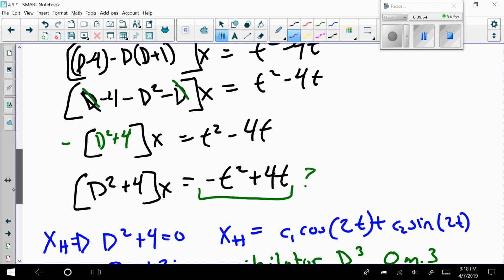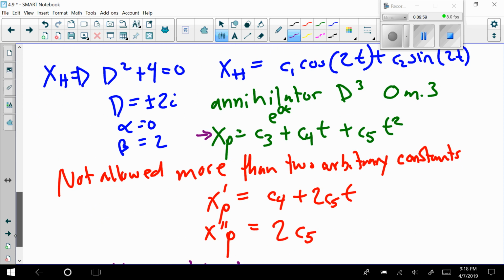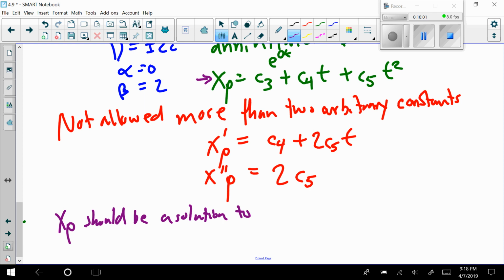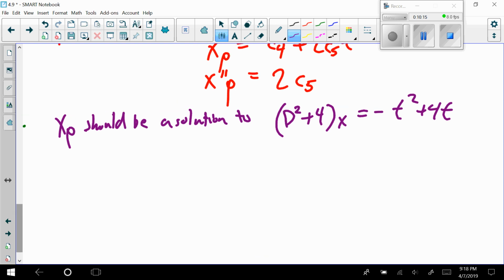This one, of course it jumps, right here. Okay, it should be a solution to that. So it should be a solution to d squared plus 4 times x equals negative t squared plus 4t. Okay, then let's plug it in. Let's plug this thing in. Of course, we could do a little bit of math here. This is d squared x plus 4x equals negative t squared plus 4t.